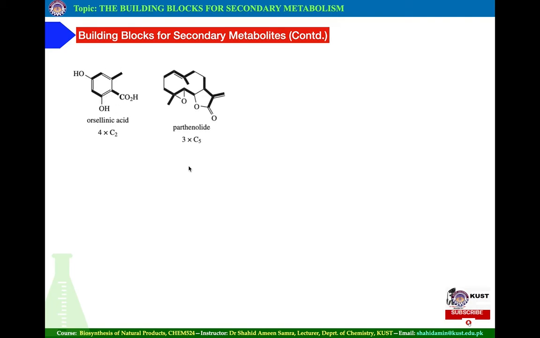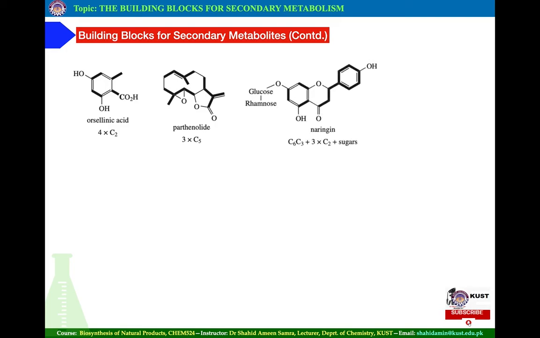Similarly, another molecule, parthenolide, contains 3 C5 units. The C5 units that we just discussed are isoprene units. We can identify these isoprene units here. This is a 5 carbon unit that is highlighted as bold lines. Then again, this is another one, and this is another one.